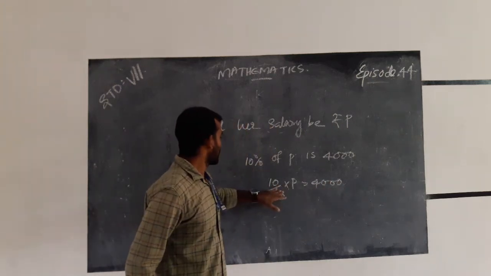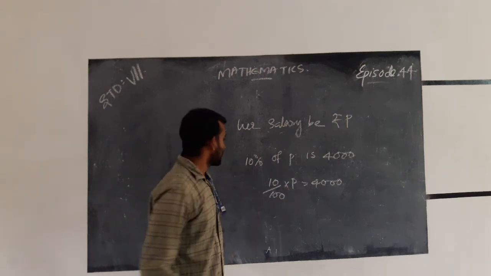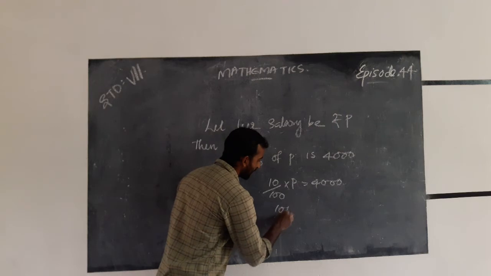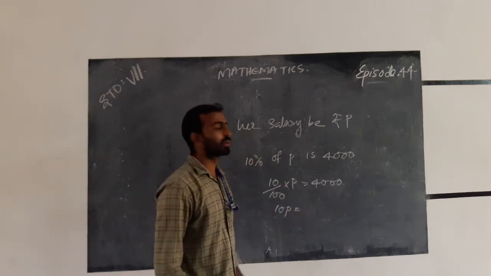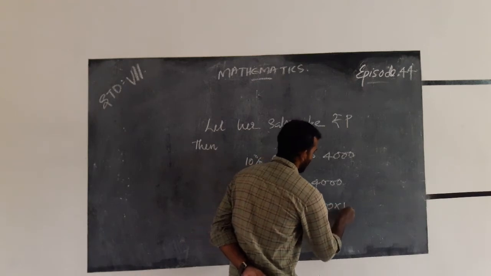Yes. That is, 10 by 100 into P equal to 4000. That means 10P equal to 4000 into 100.